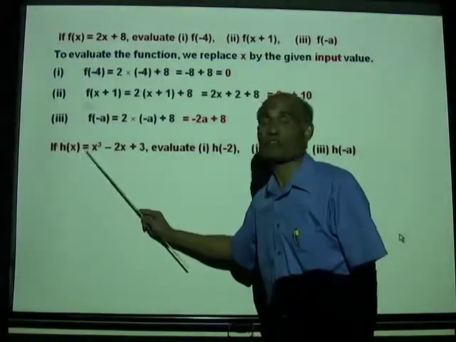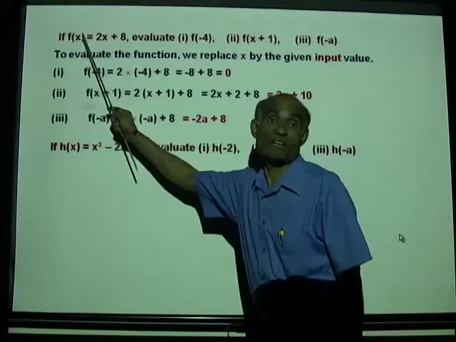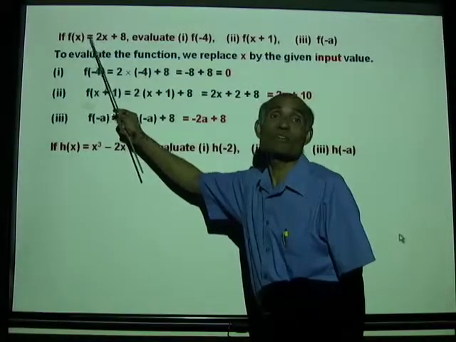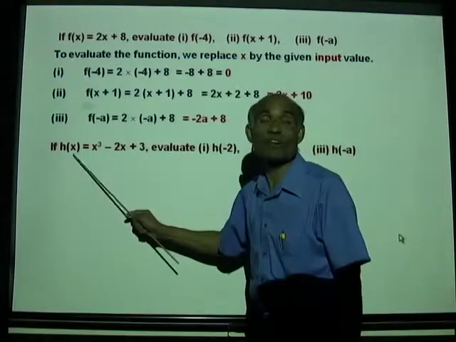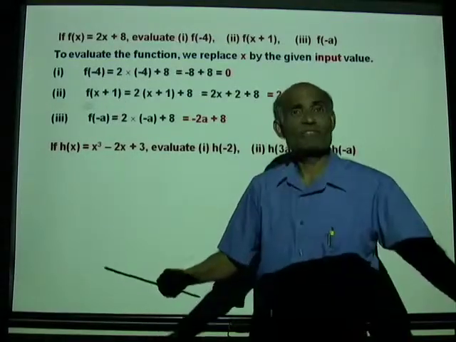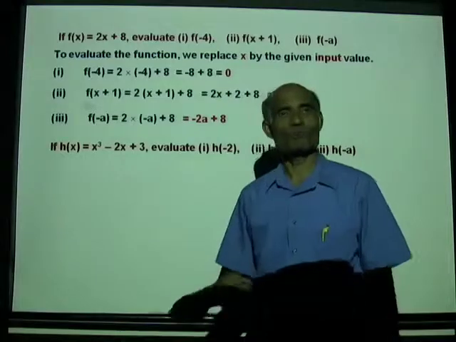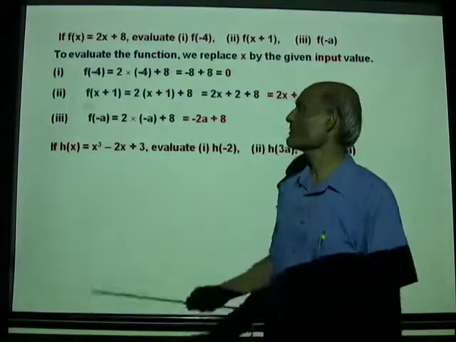If h of x, now remember, you can call a function in any of these forms. You can call it f of x, h of x, g of x are all different forms of the output of a function.